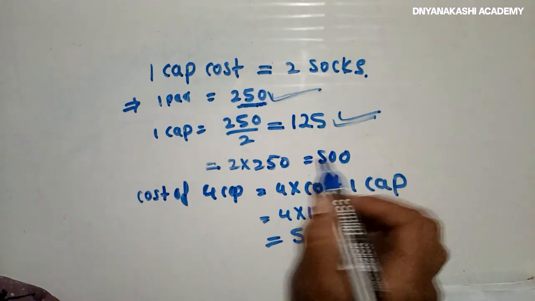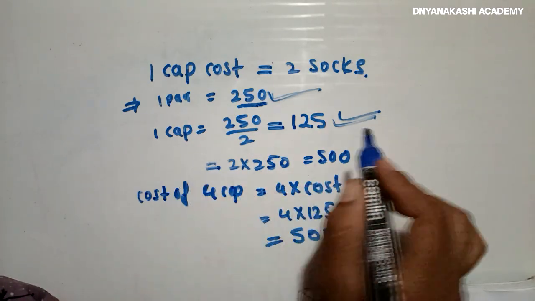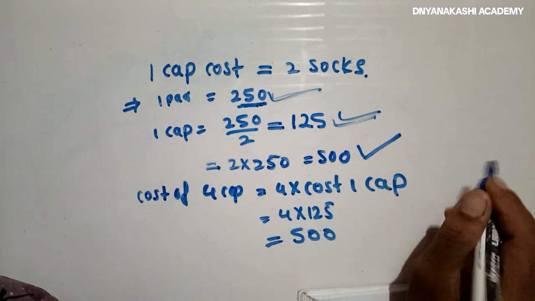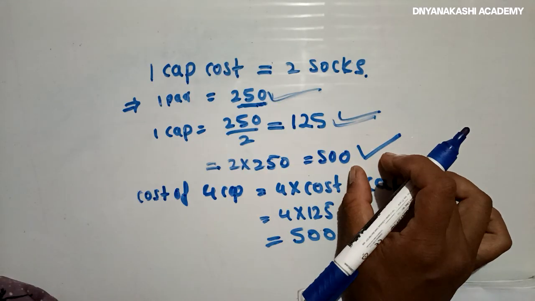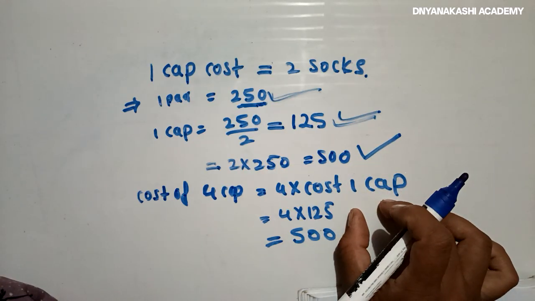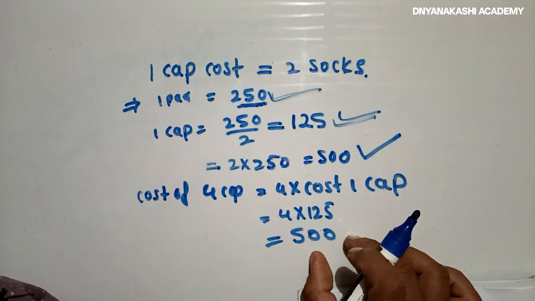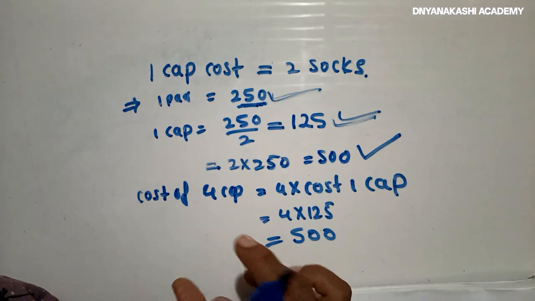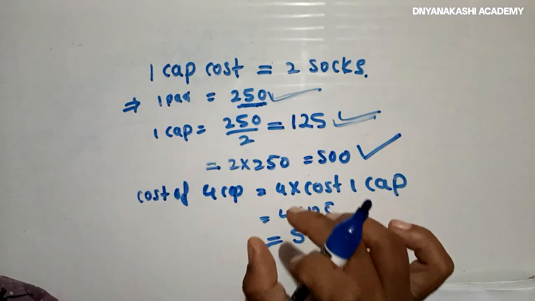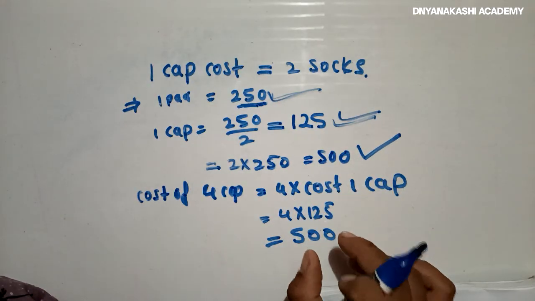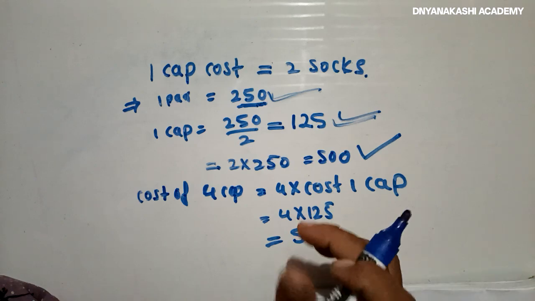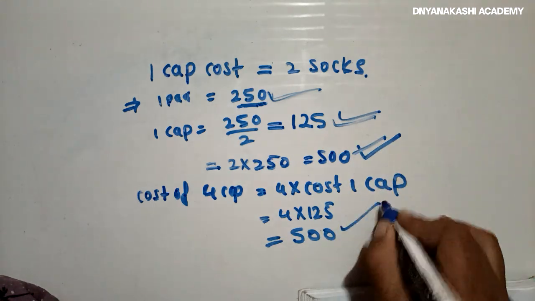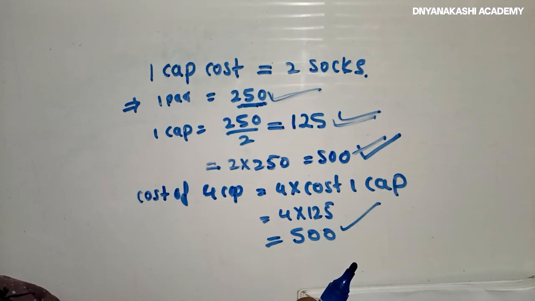Two pairs of socks total 500 and four caps are also 500. We do the sum of these two. What is 500 plus 500? How much? 1000 is the answer.